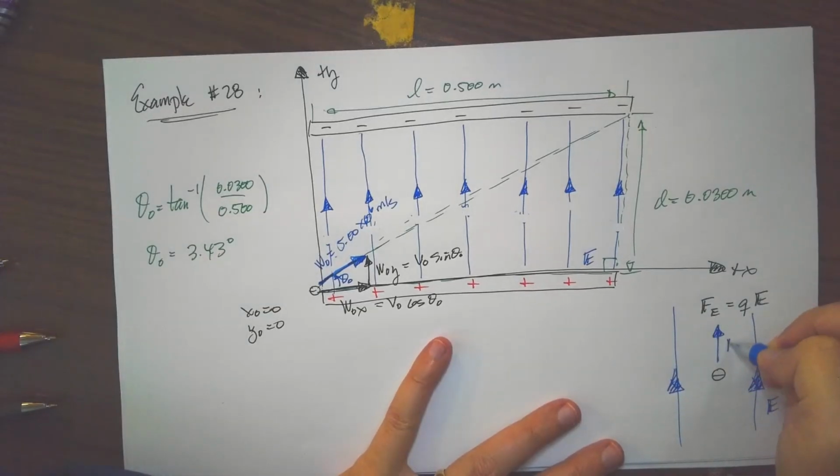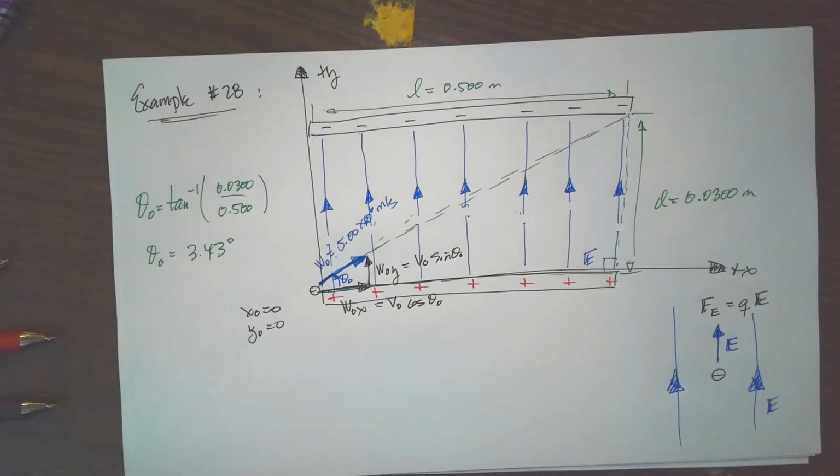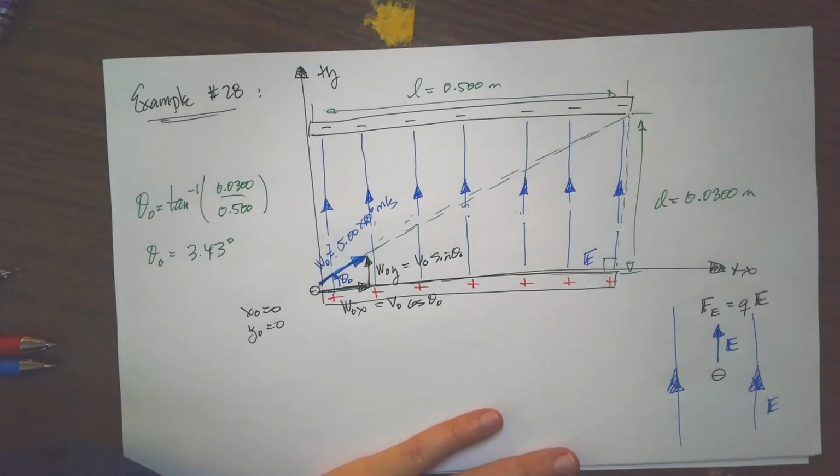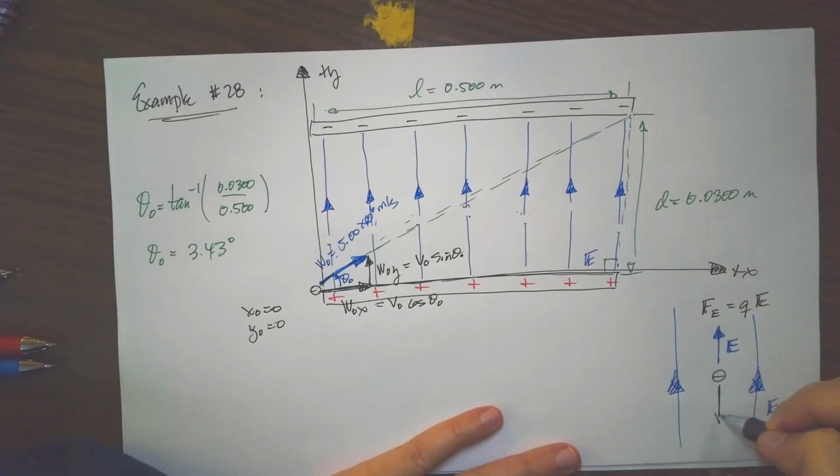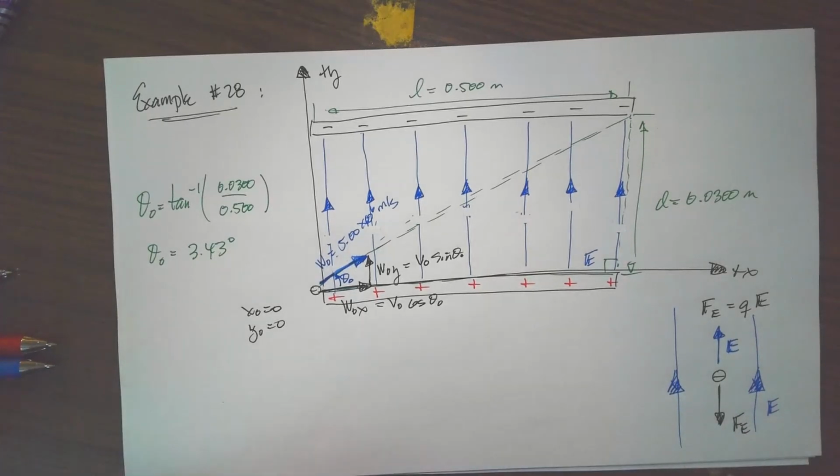I don't happen to know the magnitude of the electric field vector. That's what we're going to find. And then the electric force is going to go which way? Up or down? It's a negative particle. So when you negate a vector, what happens to the direction? It reverses. So this is good. Our electric force goes down.